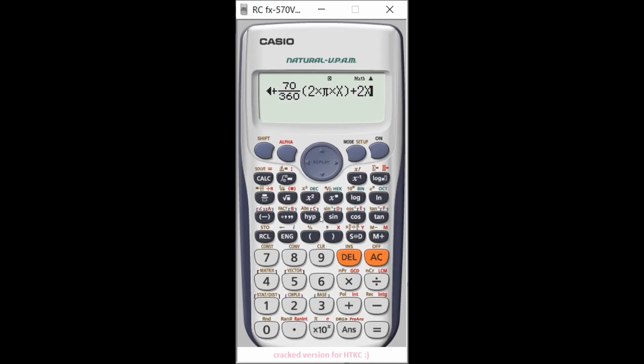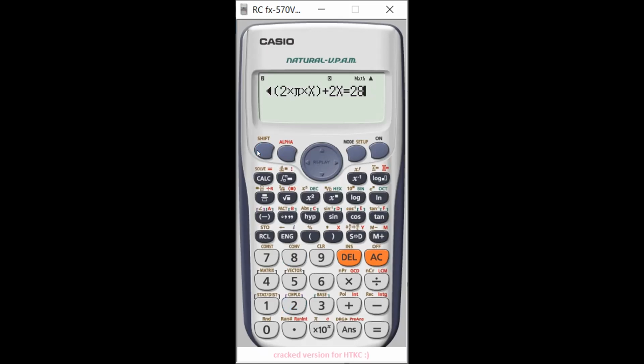And equal. I cannot write equal directly, so I will press alpha calc, then shift 28. I wrote my full equation.